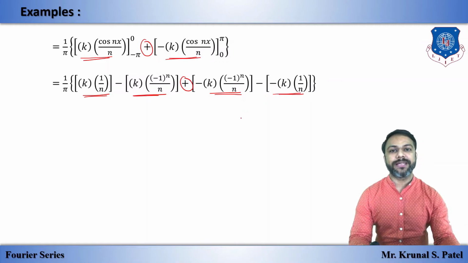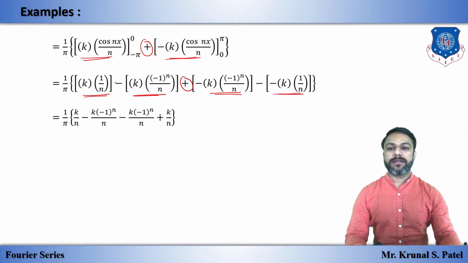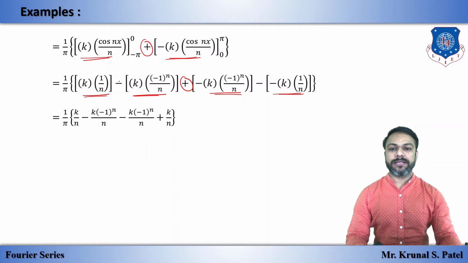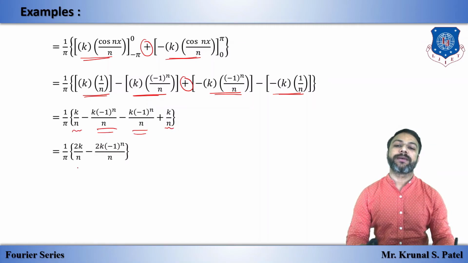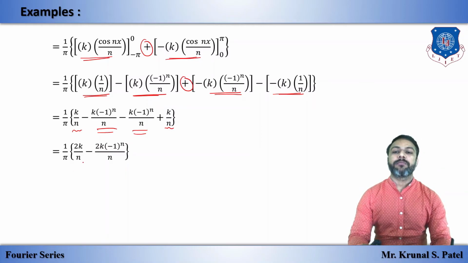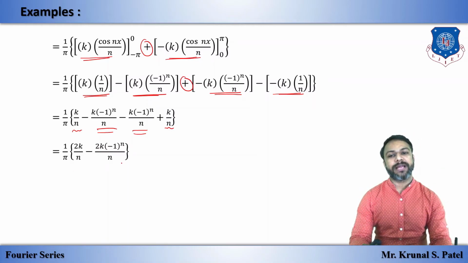By expanding the box brackets, this term k by n, this minus plus minus, this plus minus minus, and minus minus plus. Here no term will be cancelled out, this term and this term appear 2 times, and in the same way this term and this term are also 2 times. So we have 2k by n minus 2k into minus 1 raised to n by n.